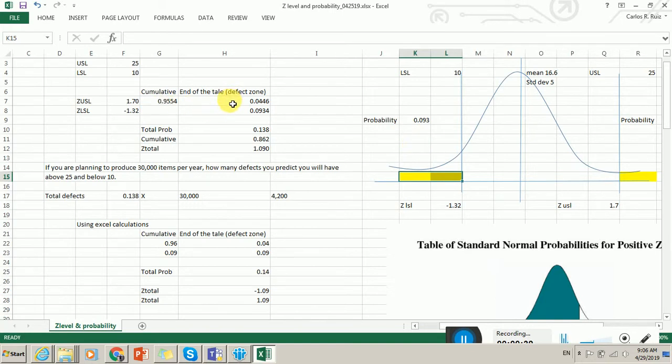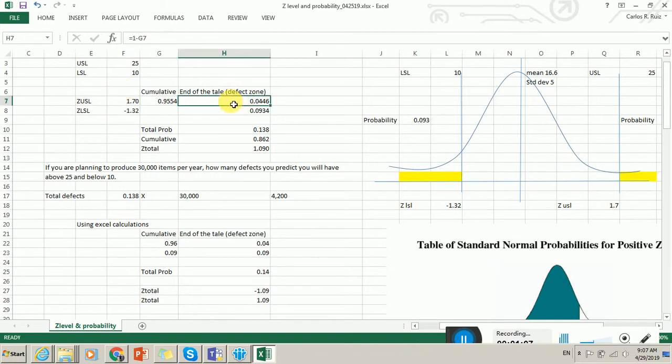So now, using the z of the upper spec limit and the z of the lower spec limit, I was able to calculate this probability. Now, what is the overall probability of this process? The temptation is that people will add the z levels and say that's the total z level. But in these types of calculations, you never add z levels, but instead you add probabilities.